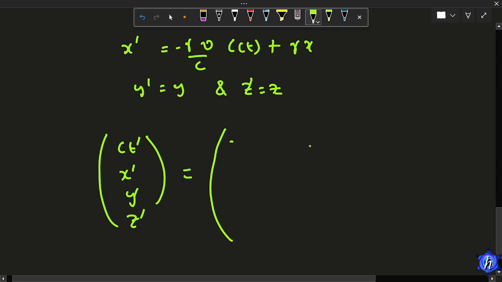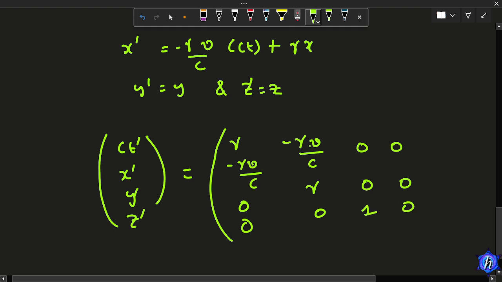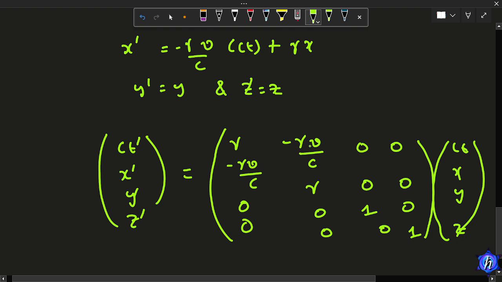This matrix is going to be gamma, minus gamma v by c, 0, 0; minus gamma v by c, gamma, 0, 0; 0, 0, 1, 0; 0, 0, 0, 1, and this multiplies ct, x, y and z. All right, that's beautiful.